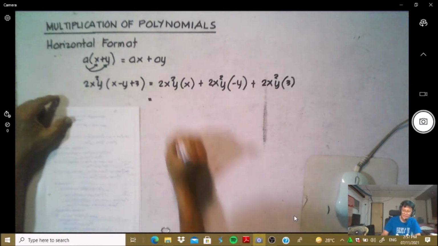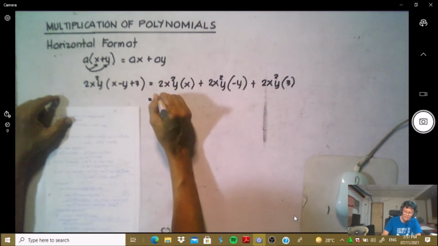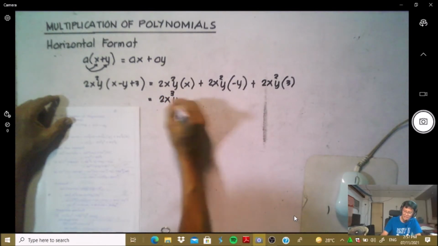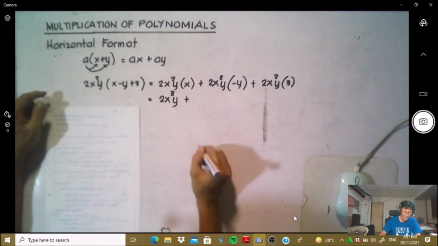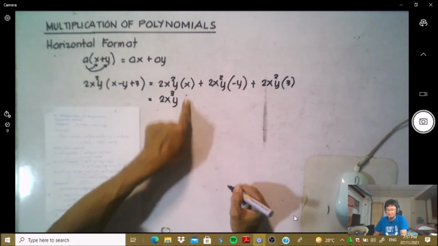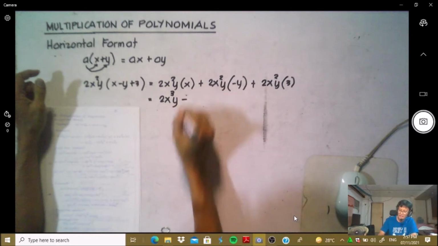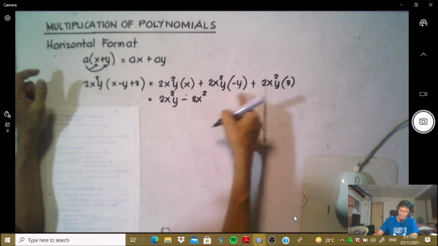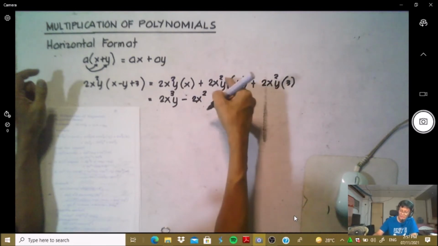So we have 2x squared y times x is equal to 2x cubed y, plus 2x squared y times negative y. This becomes minus 2x squared, then we have y and y here, so we have to add the exponent.